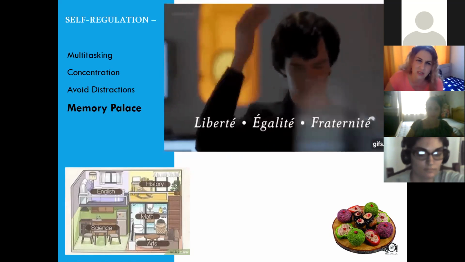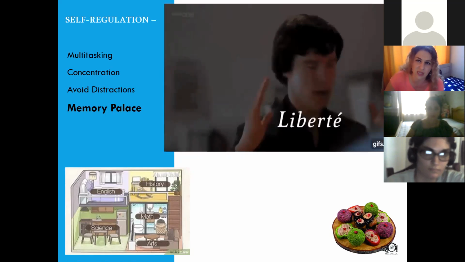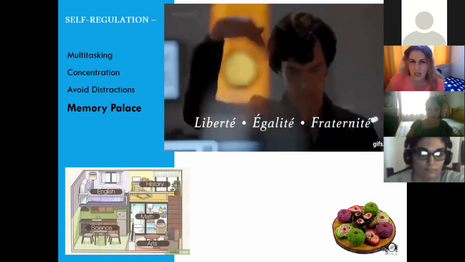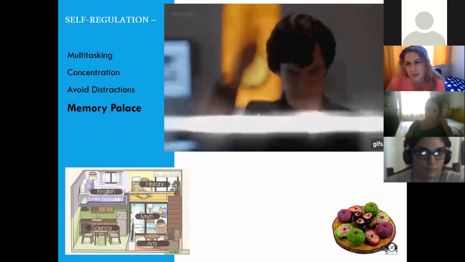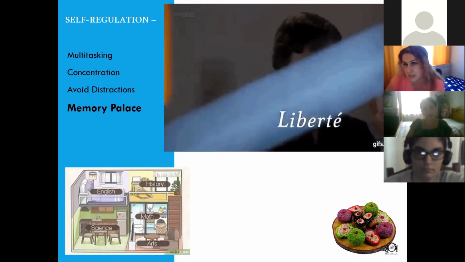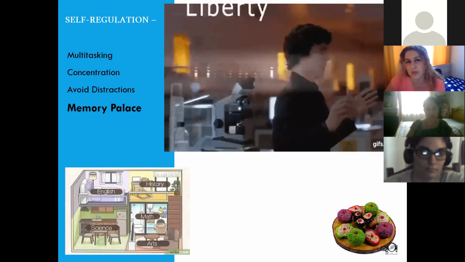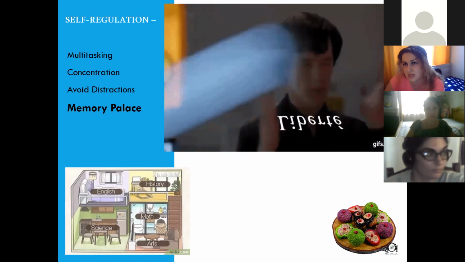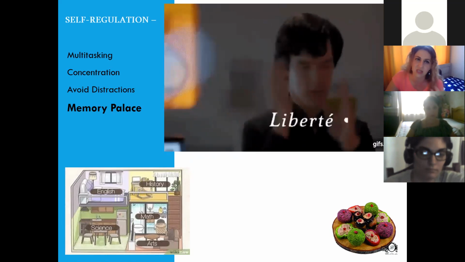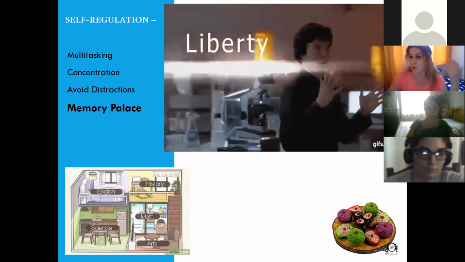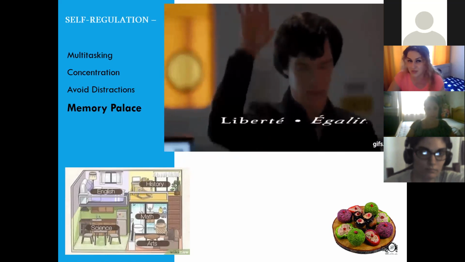This strategy is also called the Loci method, and this helps the person with multitasking. Also, if you lack concentration, it will help you to develop your concentration skills. Also, you can avoid some problems with distraction.